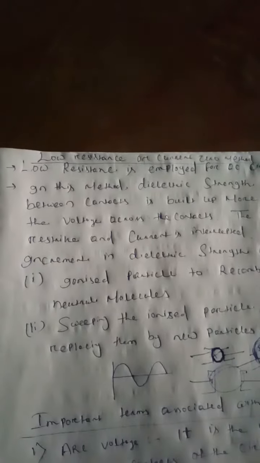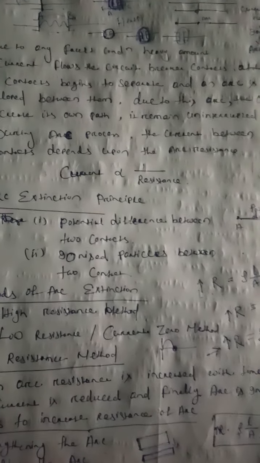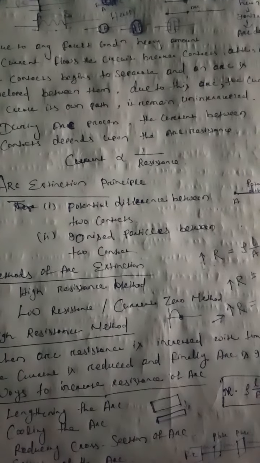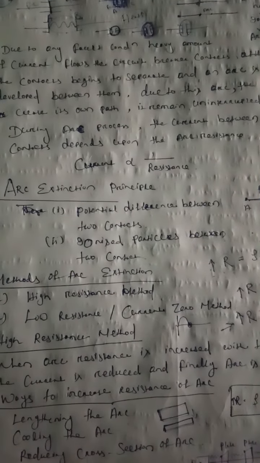With both methods we can extinguish the arc, but the low resistance method is a very appropriate method for arc extinction. The high resistance method we cannot easily recommend, or I can say that it is not an appropriate method for arc extinction. There are some difficulties in that method, but the low resistance method is very appropriate for arc extinction.